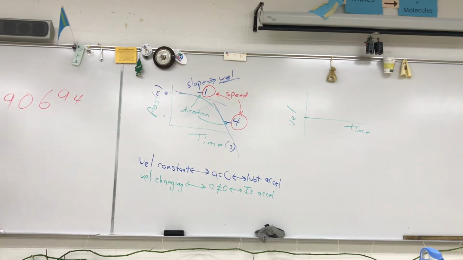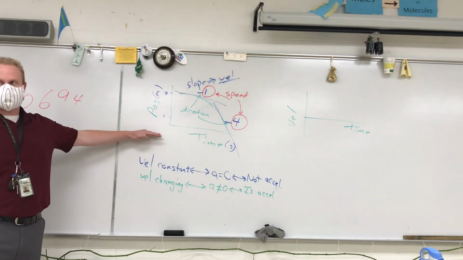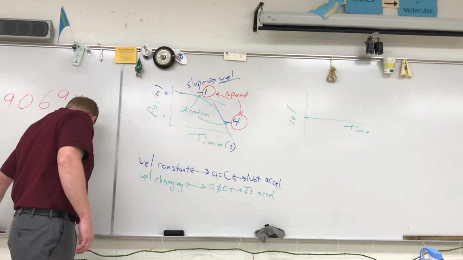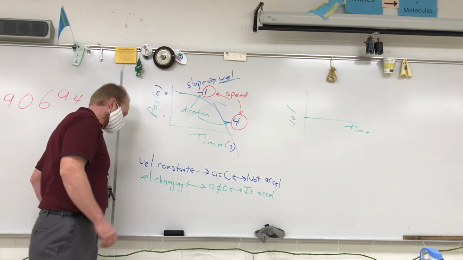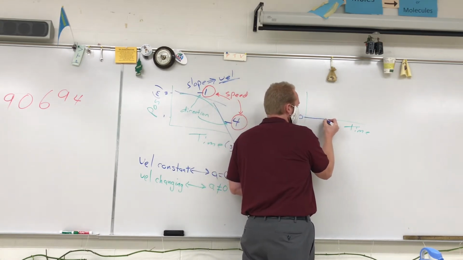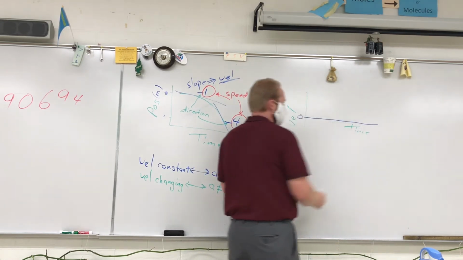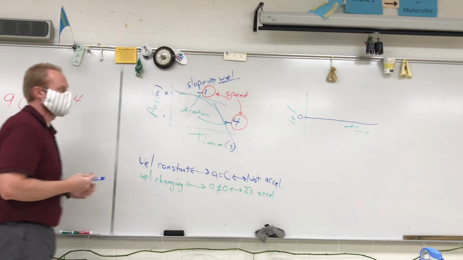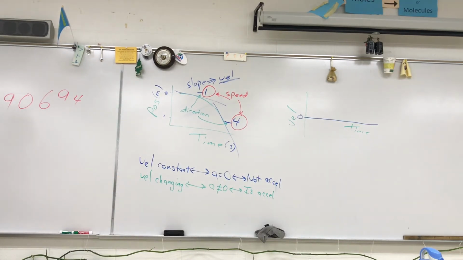Okay, questions about position versus time graphs? If we look at a velocity versus time graph where this value is 0, that's my 0 velocity. What does the slope of a velocity versus time graph give us?